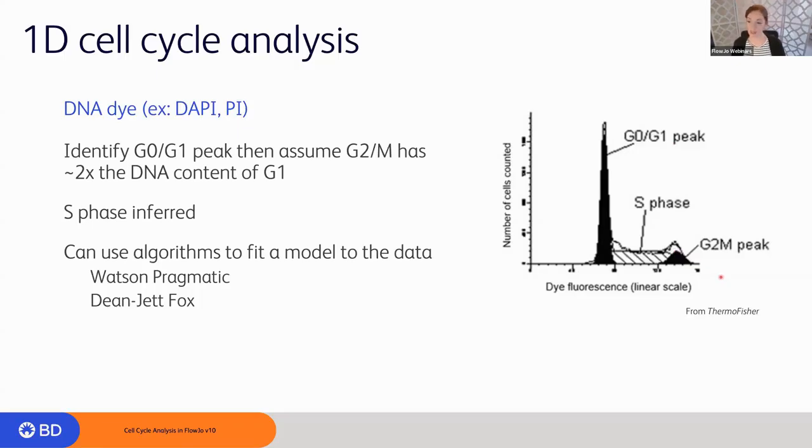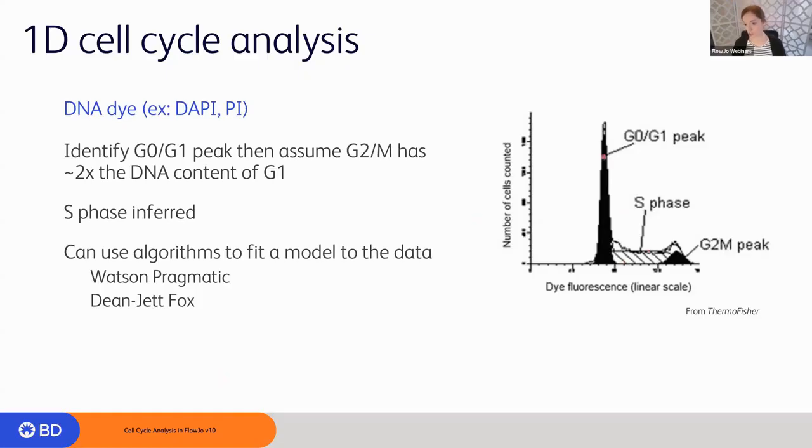and then that discernible peak will be assumed to be the G2M peak. Basically everything that is not falling in the distribution of G0, G1, or G2M is assumed to be a part of the S phase. So the S phase is inferred. We're not really directly measuring if a cell is actively replicating its DNA. It's more so, well, if it's not in one of the other two peaks, it's probably in some intermediate phase. We can, of course, use a manual approach to analyze this data.